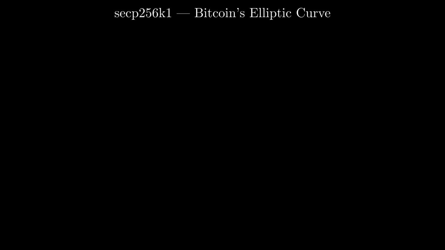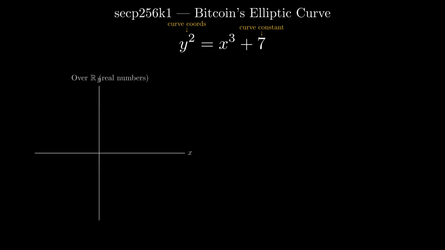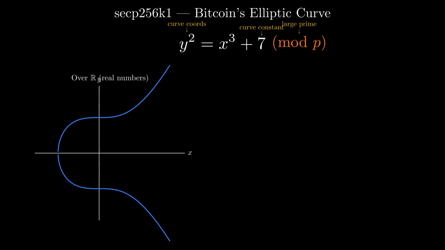A private key is a random number. To get the public key, we need elliptic curves. Bitcoin uses a specific curve called secp256k1, defined by the equation y squared equals x cubed plus 7. Over ordinary real numbers, this traces a smooth looping shape. But Bitcoin computes modulo a very large prime p, meaning all arithmetic wraps around after p.